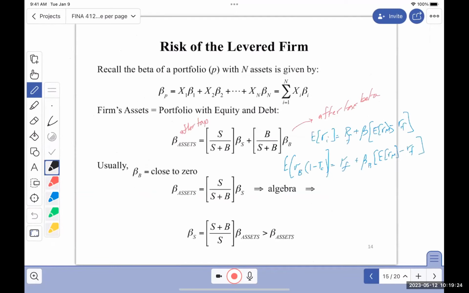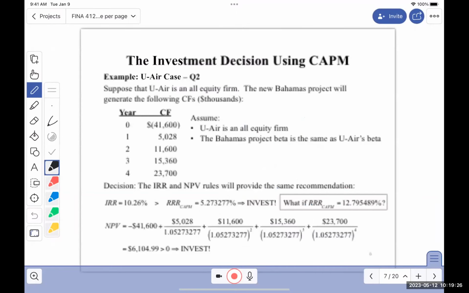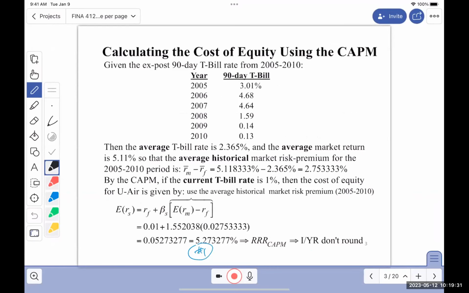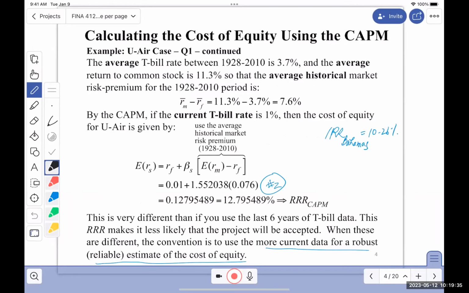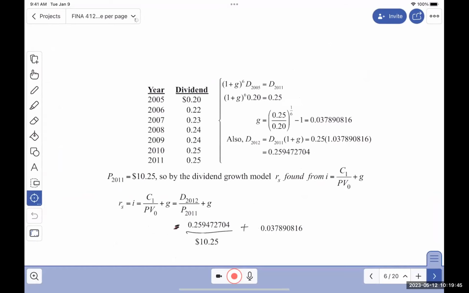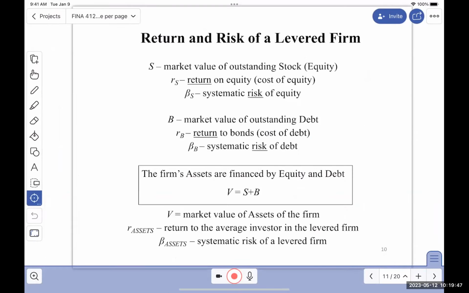All right, so this is like our calculation number 4. So far, we did 3, right? Number 1 was current historical data. Number 2 was 80 years of historical data. And number 3 was dividend growth model. And now doing the WACC, introducing debt, is number 4.